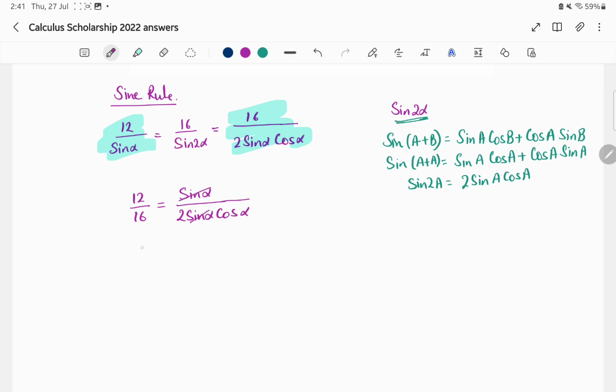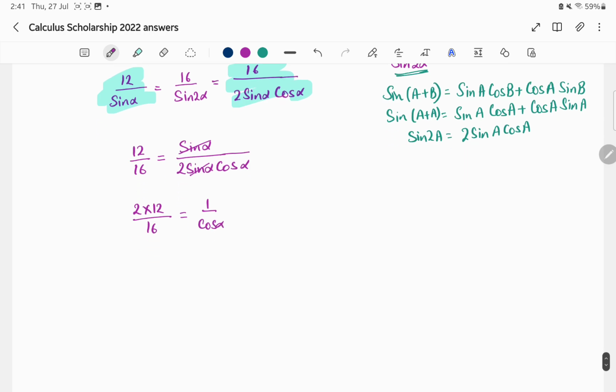If we move that 2 to the other side, it's going to be 2 times 12 over 16 is equal to 1 over cos alpha. If we reciprocate both of them, we can get cos alpha is equal to 16 over 24. If you simplify that, you should be able to get 2 over 3. So cos alpha is equal to 2 over 3.